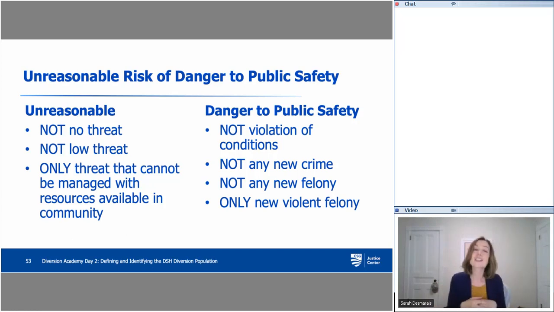This is actually a very high bar if we really think about it, especially as we dig into the rates of recidivism, or the rates of new violent felony behavior in this particular population. It's actually not all that high. So we've got to really dig into not the lay understanding of danger to the public, but the actual definition that is inherent both in the California legal definition and in this specific diversion program's requirements. Next slide, please.